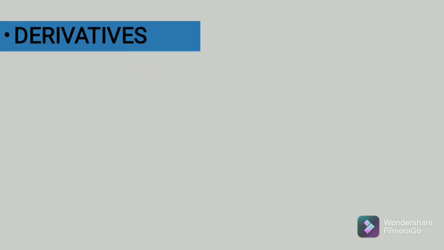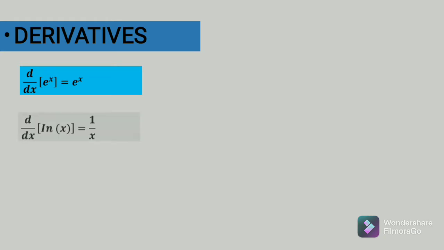But before we go to the application of the differentiation rules, we must know first the derivatives of some functions that are very useful in finding derivatives of other functions. The derivative of e to the power of x is equal to e to the power of x. The derivative of natural logarithm of x is equal to 1 over x.